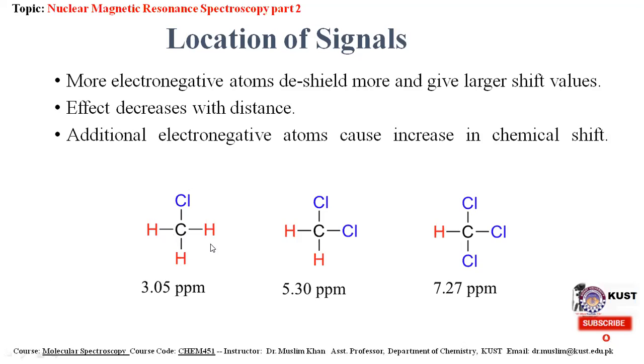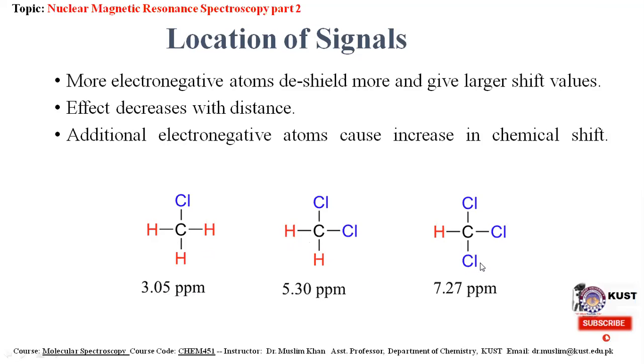The peak of these hydrogen atoms will appear at 3.05 ppm. In dichloromethane, when one more chlorine is attached, it de-shields these protons more, and the chemical shift is more shifted downfield, that is 5.30 ppm.